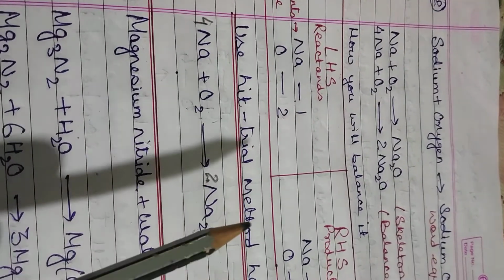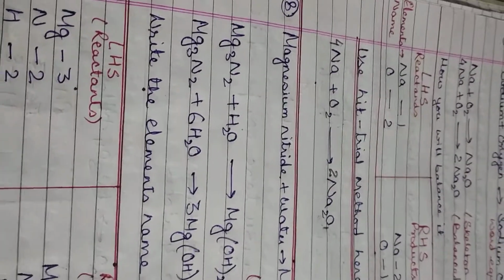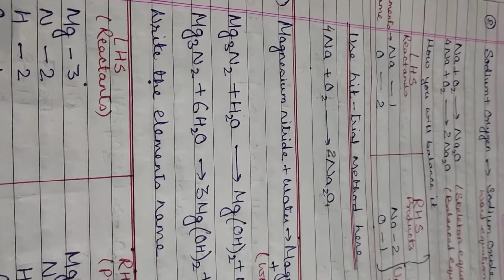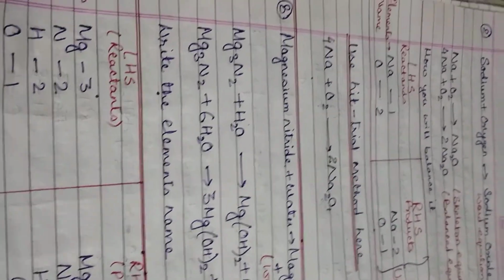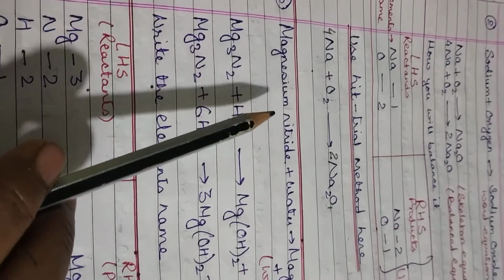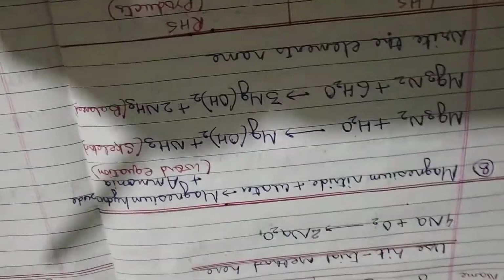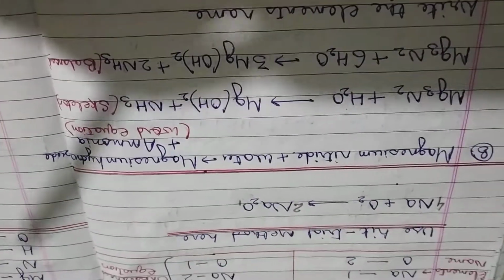So students, this one is your second example. Now I will give you the third example, which is different from the others. Now here our equation, or we can say the word equation. You see students, I will hold the camera like this.